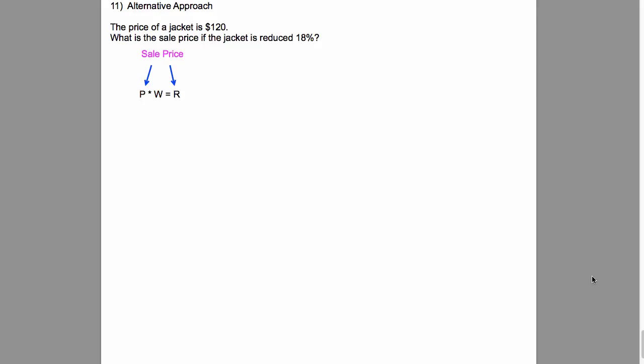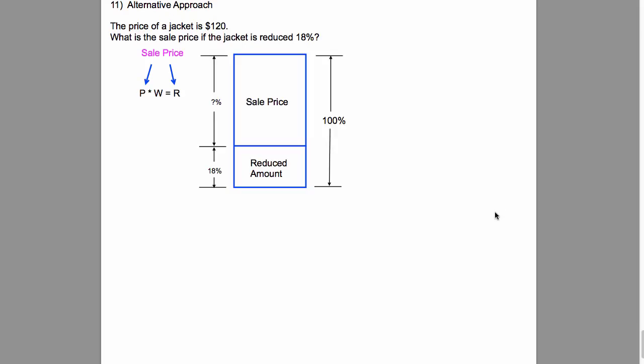Well, if R is going to be the sale price, then P must refer to the sale price as well. The problem is that they gave us the percent as a reduced percent, not the sale price percent of the original that you pay. But there's something we can do if we realize the following. If you look at the rectangle I've drawn here, the 100% over here represents the entire jacket price.